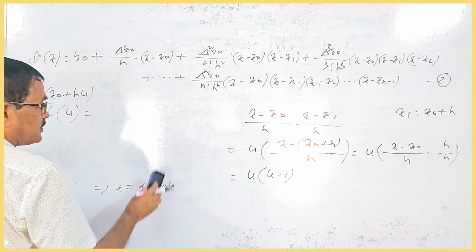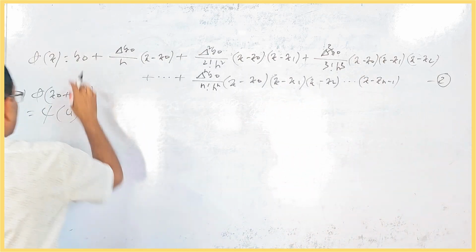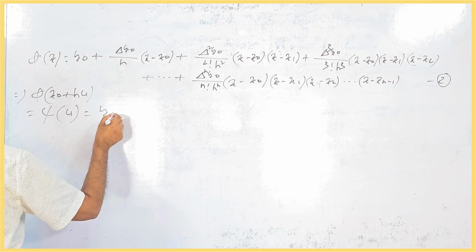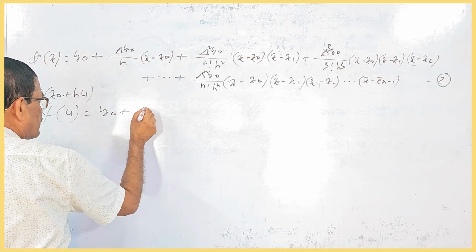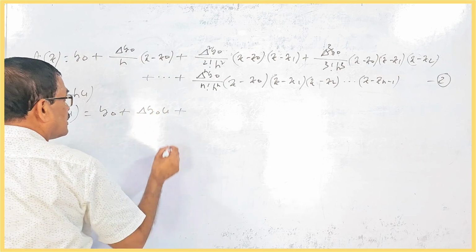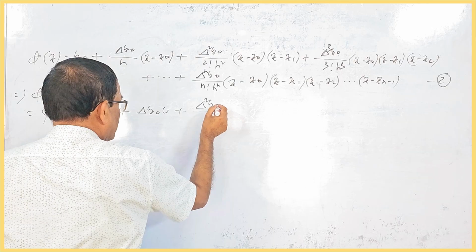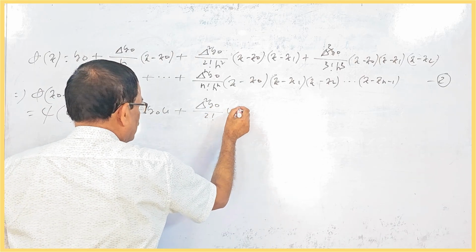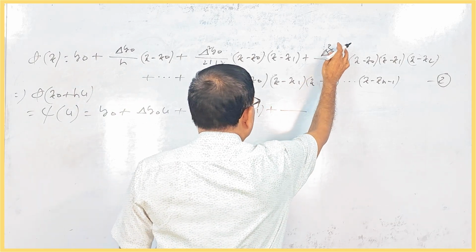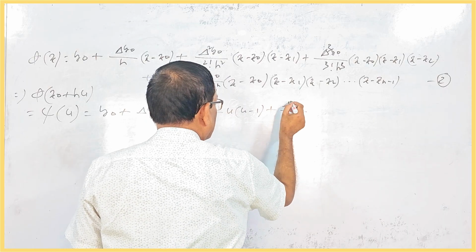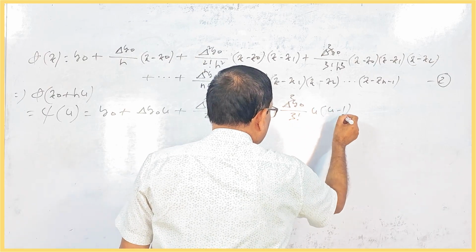On the right hand side, the first term is y naught, plus delta y naught times u, plus delta square y naught by 2 factorial times u into u minus 1, plus delta cube y naught by 3 factorial times u into u minus 1, u minus 2.